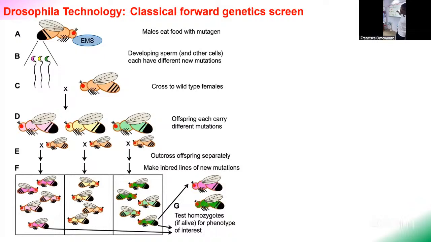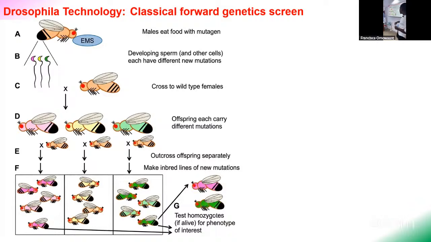In those days, you feed your male animal with the carcinogen. You cross them with wild type female animals, and then you cross them again. The offspring might carry the mutation. Even if they don't, you can select for the right thing later. So it's a few generations of crosses to identify the mutants that you're interested in.